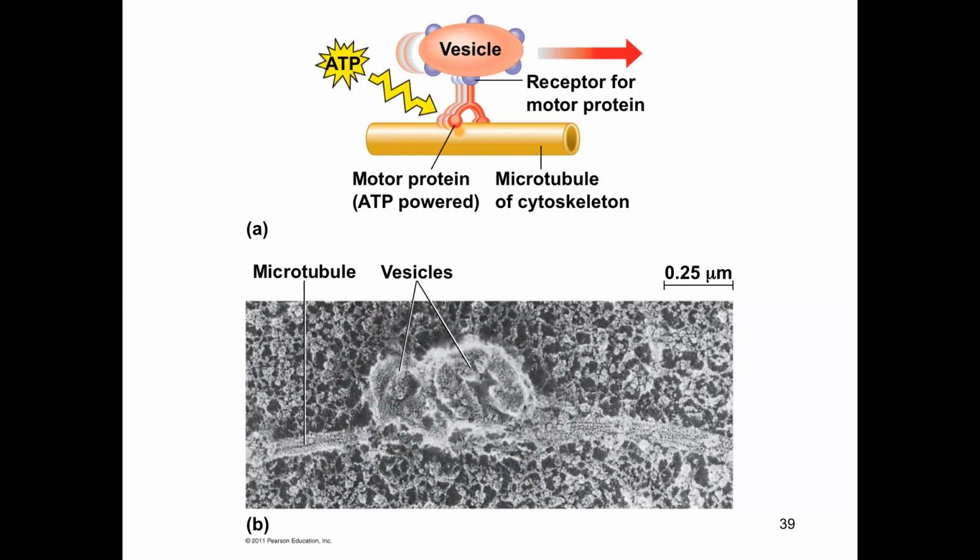But these vesicles are attached to what we call motor proteins, and they literally walk along the microtubules. And in order to do that, they use energy. There's some really great videos. I wish I had time to just show you these things in class, but you can look them up. But they use ATP, and they walk along these microtubule skeletons, cytoskeleton, and they move and carry the vesicles and move them around the cell, right?